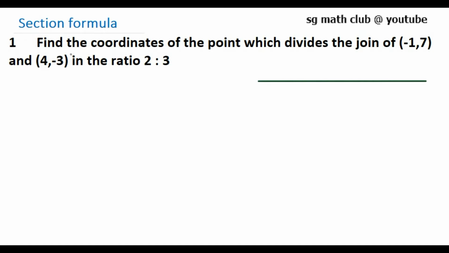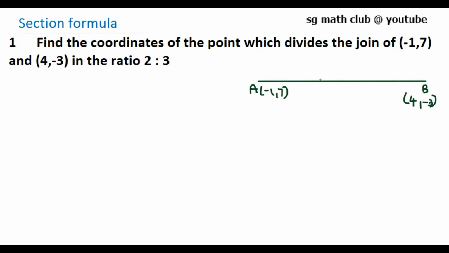So the first question is: find the coordinates of the point which divides the join of (-1, 7) and (4, -3) in the ratio 2:3. Let the point A be (-1, 7) and the point B be (4, -3).